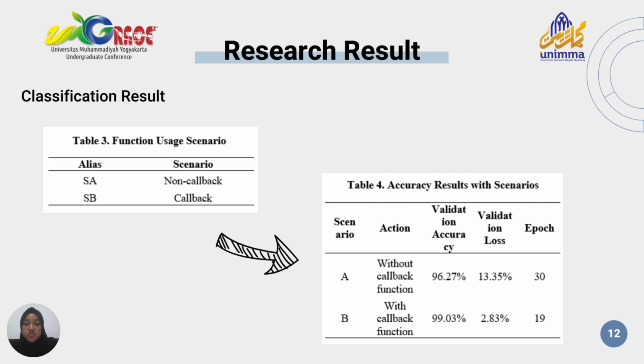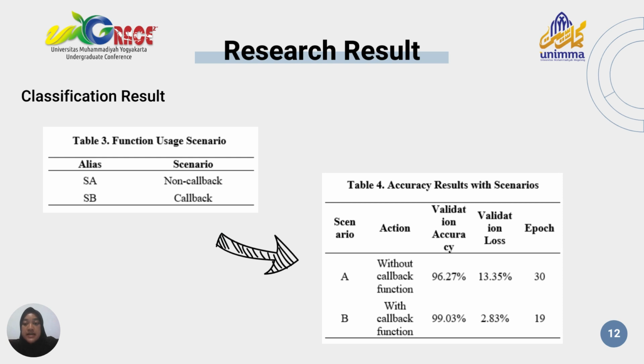In this study, two scenarios were used, namely scenario A without a callback function and scenario B with a callback function, which is a function to stop the model when it reaches the best accuracy of the model.